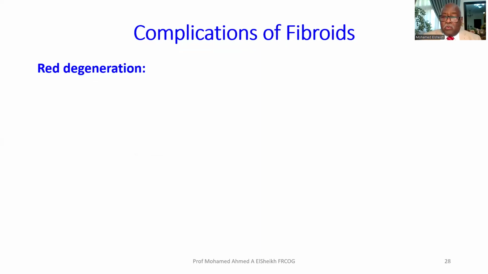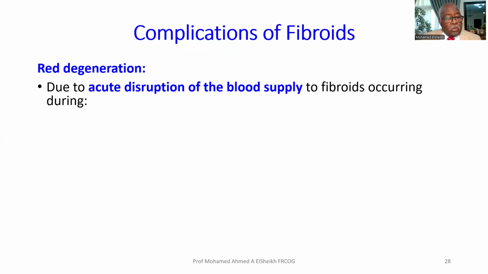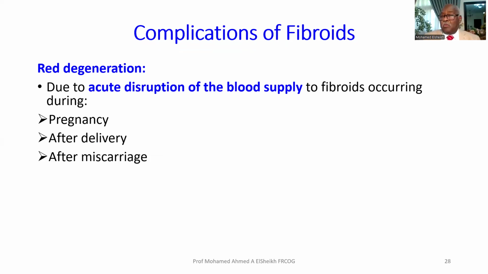Red degeneration is due to acute disruption of the blood supply to the fibroids, occurring during pregnancy, after delivery, or after a miscarriage. As we mentioned in the first part of the talk, if there is disruption to the blood supply, then a continuum of complications occurs.